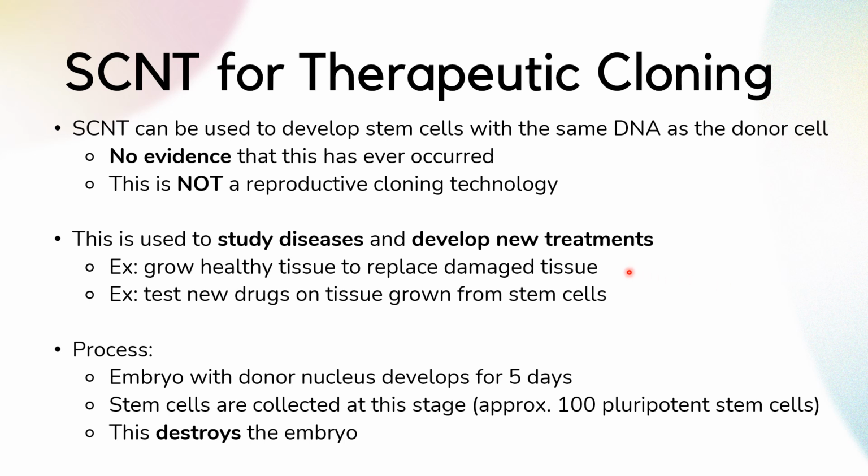For example, we can grow healthy tissue to replace damaged tissue, or we can test new drugs on tissue grown from stem cells. The process is still the same. So we have an embryo with a donor nucleus that develops for 5 days. The stem cells are then collected, and then we destroy the embryo. However, those cells all come from that same parent. They're all clones. And this is really useful when we're trying to study different diseases and treatments.